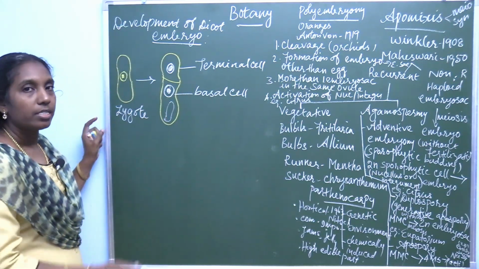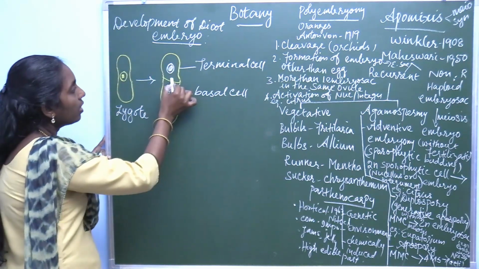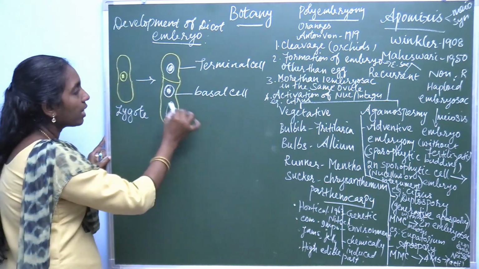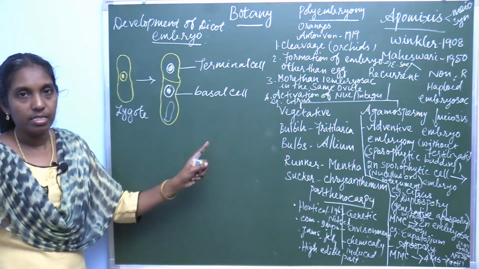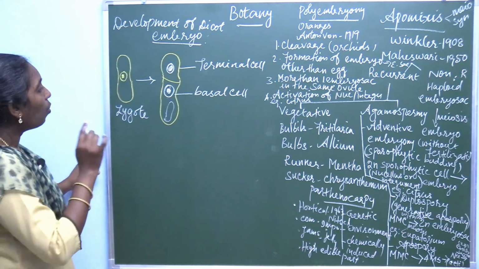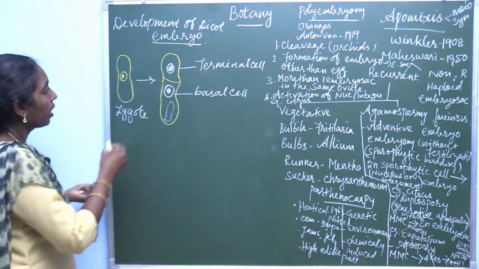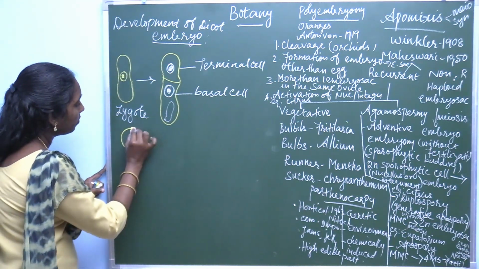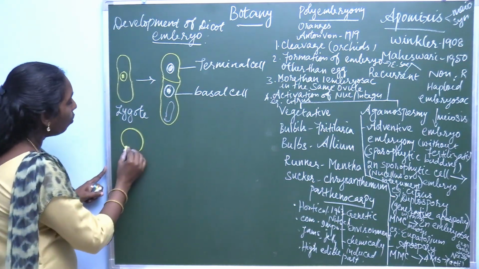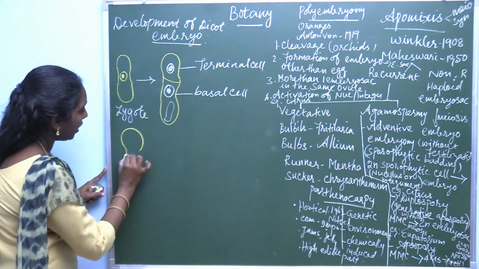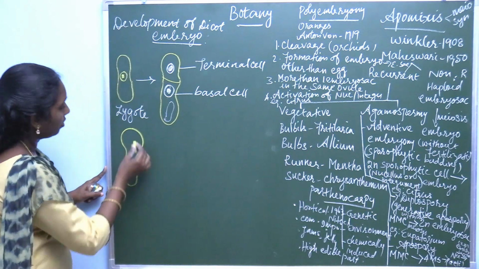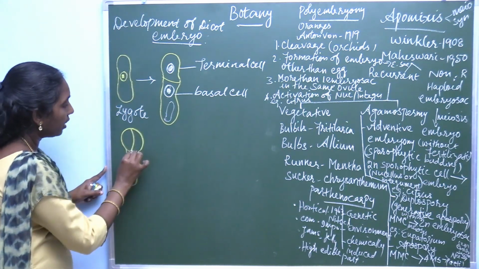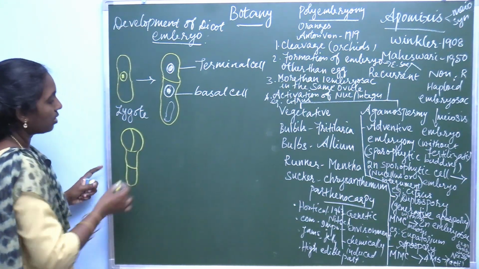Second division takes place vertically in the terminal cell and transversely in the basal cell, and it forms a four-celled stage. Here there is a vertical division, here a transverse division.